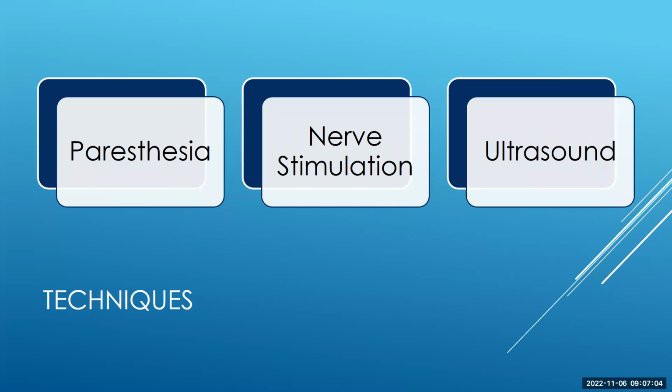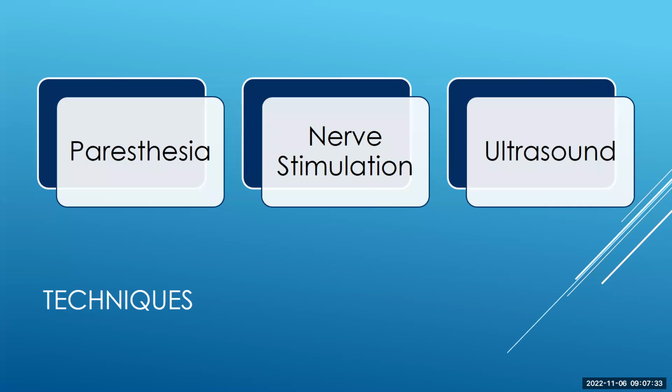And then we progressed to ultrasound. Certainly ultrasound has some advantages, mainly avoiding vascular structures and watching for extravasation of the local anesthetic, or expansion of the field in the perineural area with local anesthetic, to help us identify that we're not injecting intravascularly.